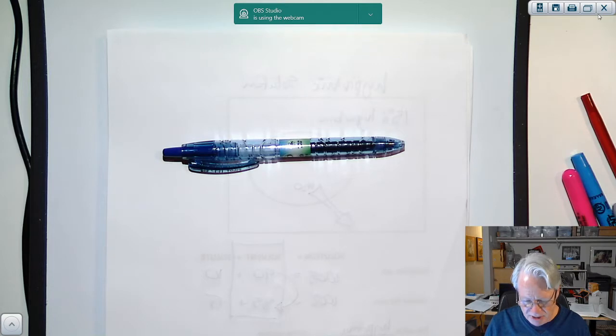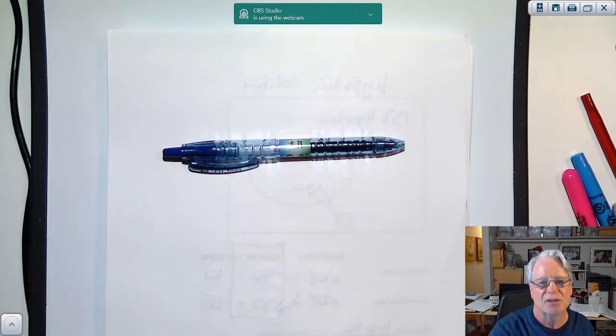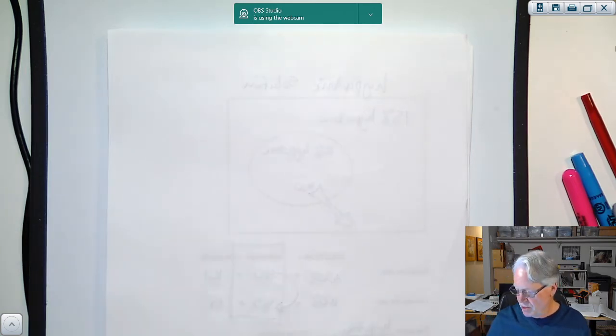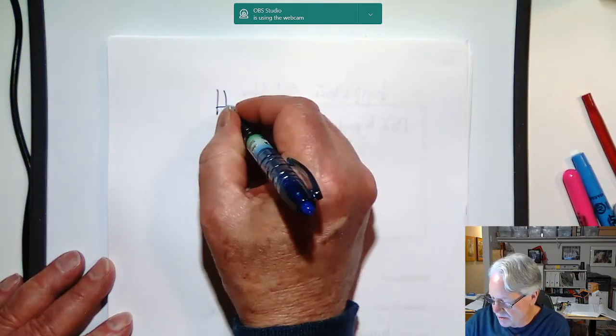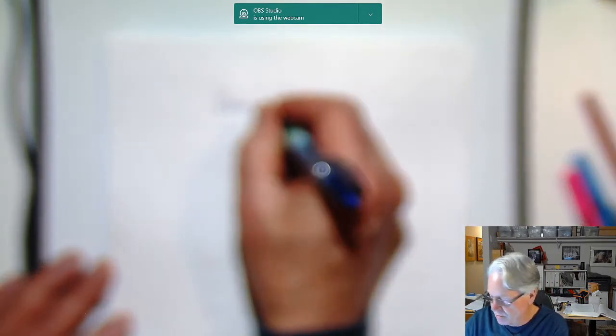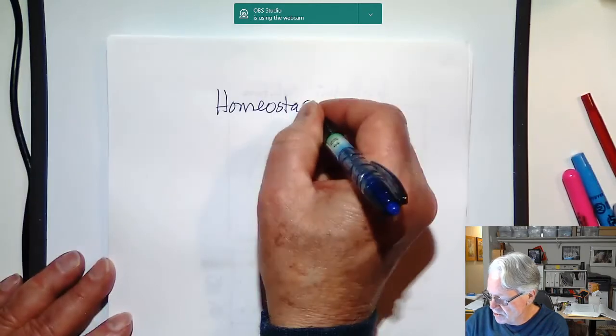So let's begin. As I mentioned at the very beginning, this is about homeostasis. Let me write that term down and then talk a little bit about it before we launch into more of the lecture or more of our notes. So, homeostasis.